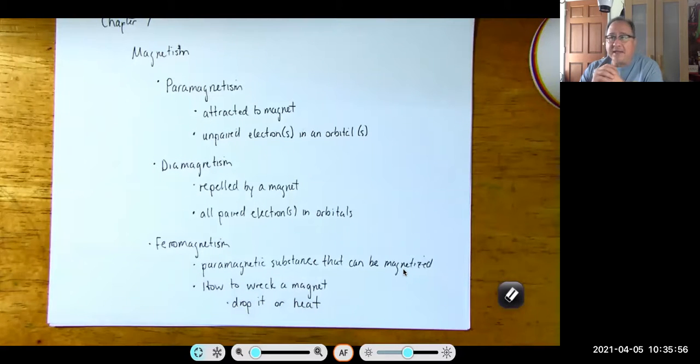And we know that getting them to align is not really a natural or common thing, because if that were the case, then everything that's paramagnetic should be ferromagnetic right away. Right. It's less stable to be magnetized than it is to be not magnetized. So if that's the case, then maybe sunlight can, if something is magnetized, demagnetize it over time.